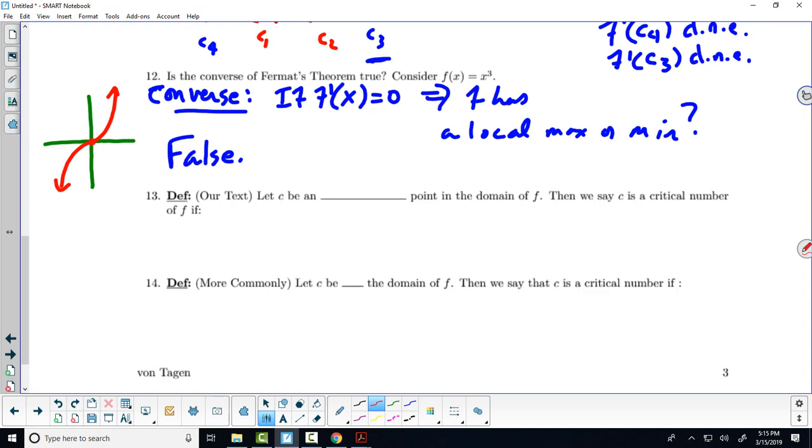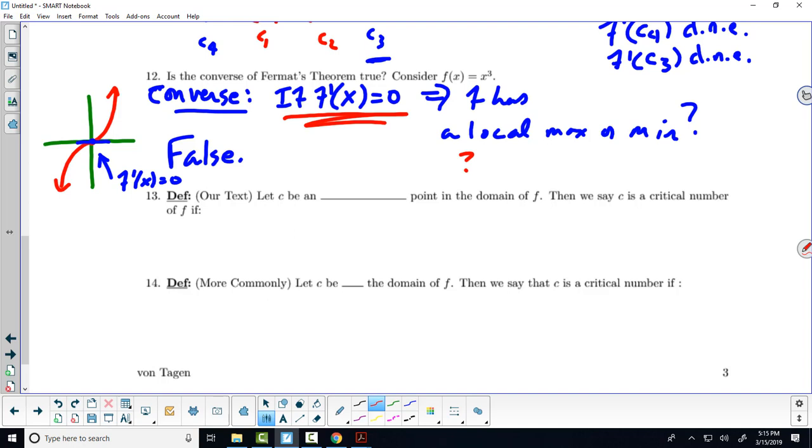Okay. And notice what happens at x equals 0. At x equals 0, what is the derivative? So f prime of x here equals 0. Here we have a place where the derivative is 0. Do we have a local max or min there? No, we don't.